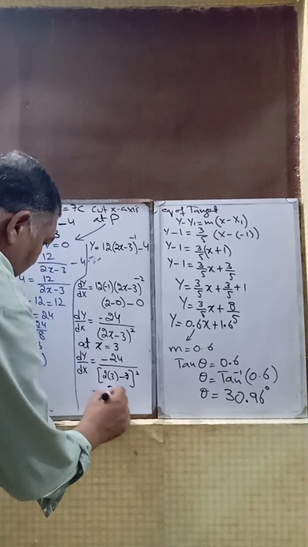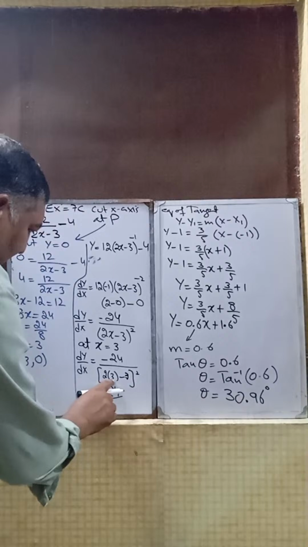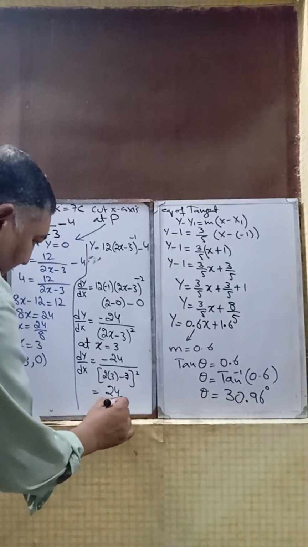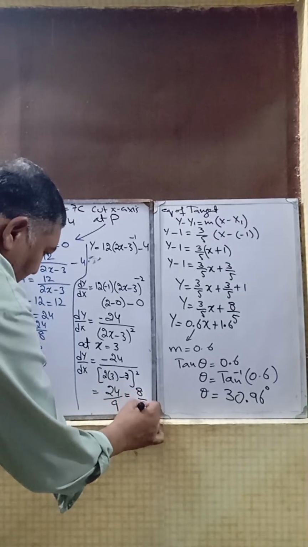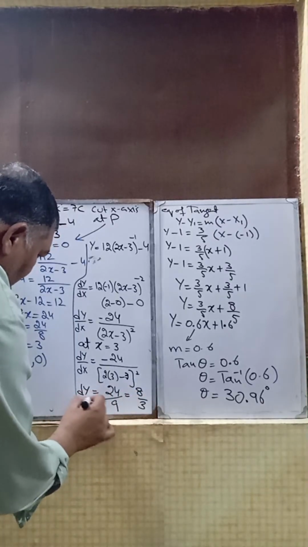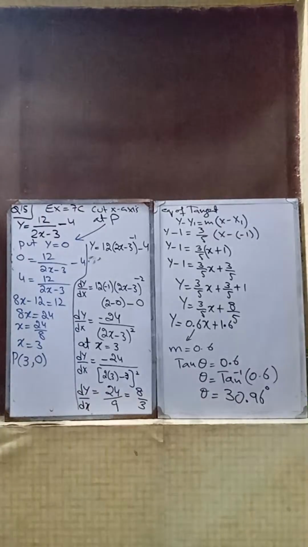So this will become 24 divided by, this is 6, 6 minus 3 is 3, squared is 9. So 3 8s are 24, 3 3s are 9. This is how you find the gradient of the tangent at the point P, and according to my calculation it is minus 8 by 3. That's the gradient of the tangent.